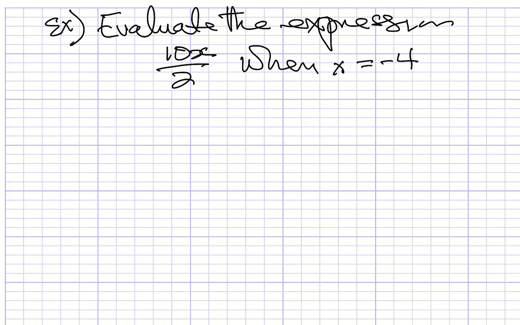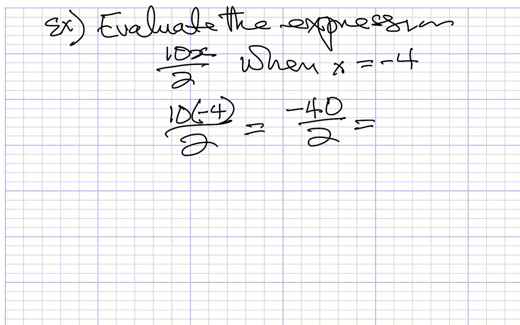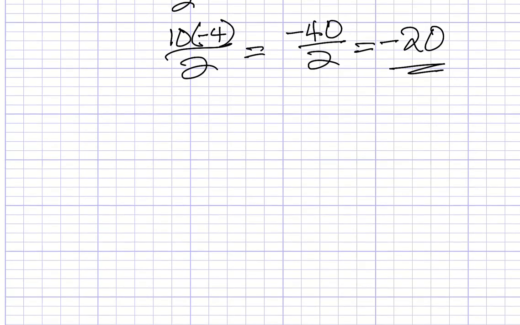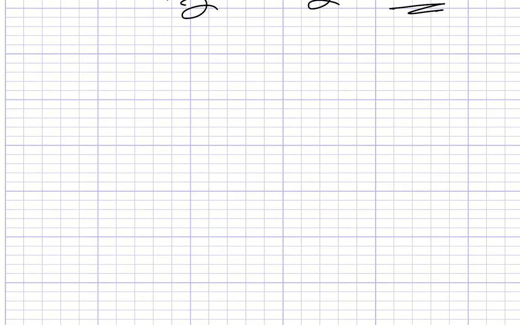Then you do the same thing we did before. You say 10 times minus 4 over 2. What do you get? You get minus 40 over 2. You get, I keep saying minus, but you get negative 20, right? That's the solution right there. So basically that's what that's saying.